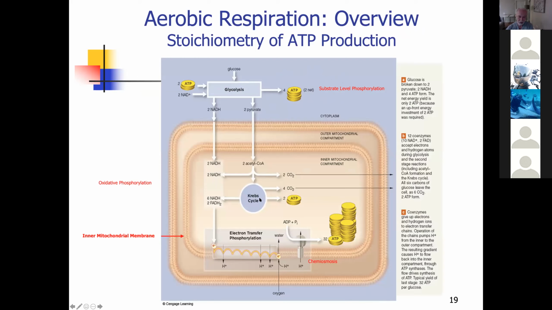There's another one of those in the Krebs cycle for 2 more ATPs, electron transport and chemiosmosis generates, in this case, 32 ATPs for a total of 36, or if you count these as gross, 38 ATPs. And this all occurs on the inner mitochondrial membrane.